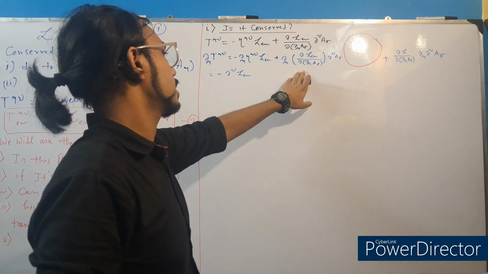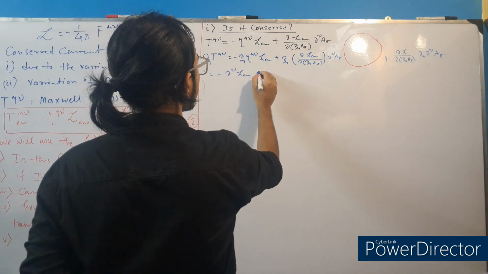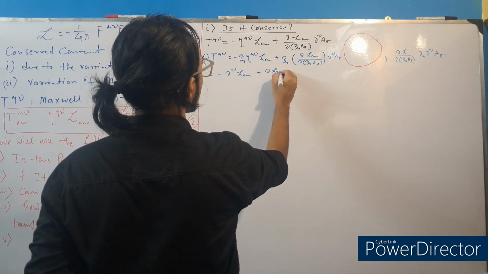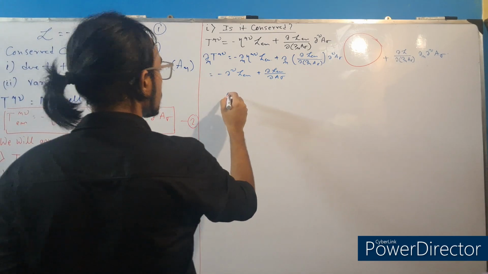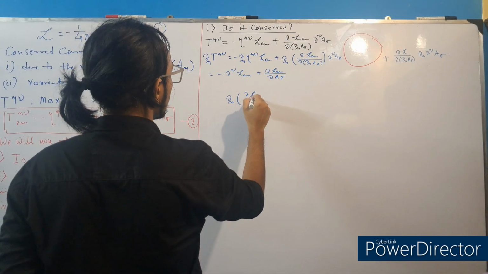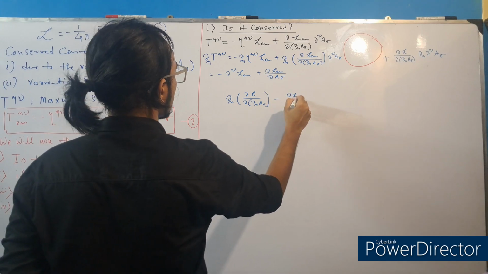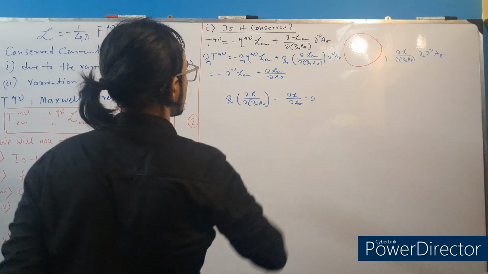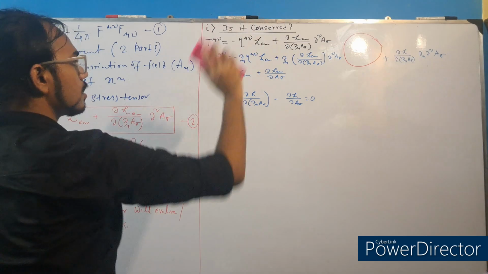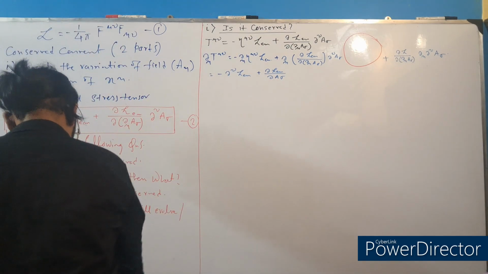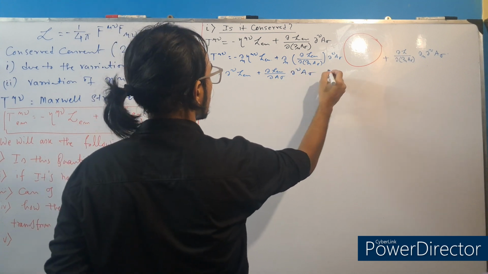Because the Euler-Lagrange equation is ∂_μ of ∂L over ∂(∂_μ A_σ) minus ∂L over ∂A_σ equals 0. I think you guys remember the Euler-Lagrange equation. Fine. Then ∂^ν A_σ plus.